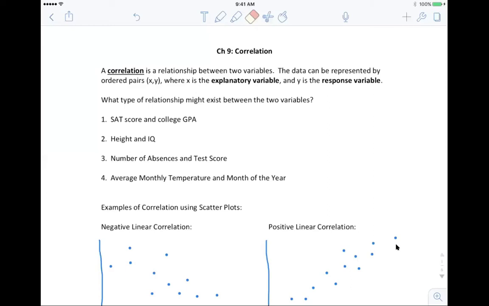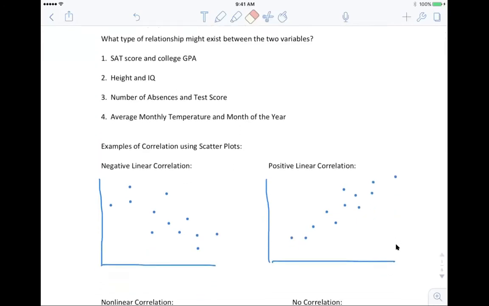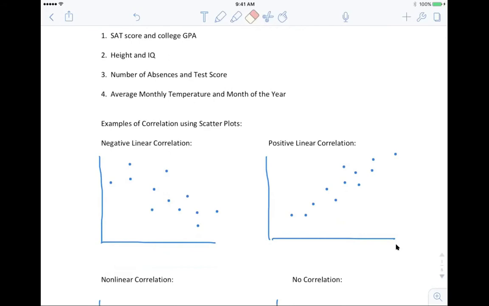So what kinds of relationships might you think these are, right? So we have stat score versus college GPA. Well, yeah, it seems like if the stat scores increase, then so does the college GPA typically, right? So that would probably be something like this one, the positive linear correlation, right?